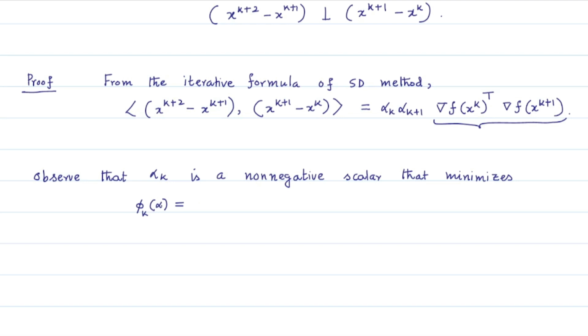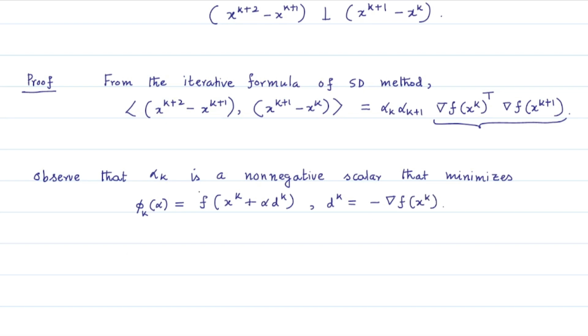Better to write this as phi subscripted k of the function f at the point xk plus alpha dk, where this dk is the steepest descent direction, negative gradient of f at xk.